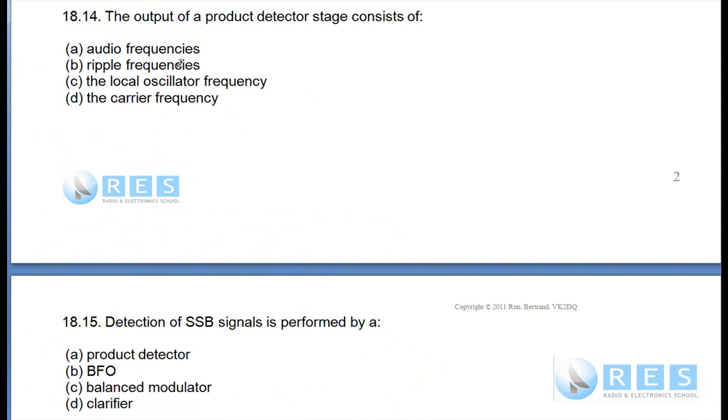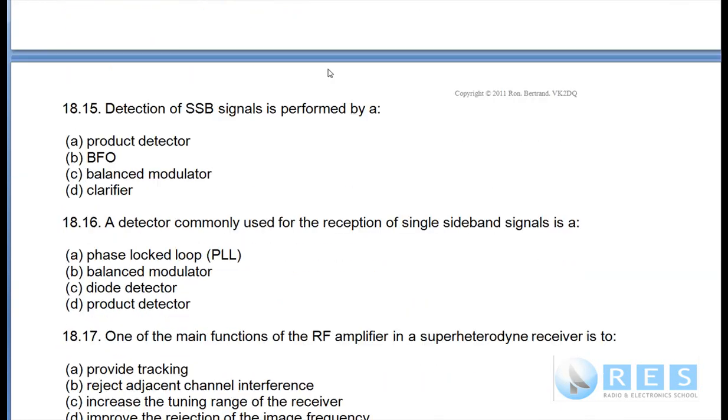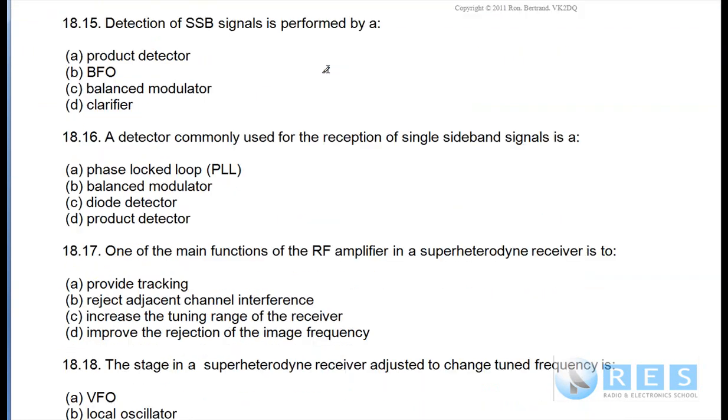The output of a product detector stage consists of audio frequencies. So the output of the product detector in an SSB or telegraphy receiver would go to the audio amplifier, and from there it would drive a loudspeaker.